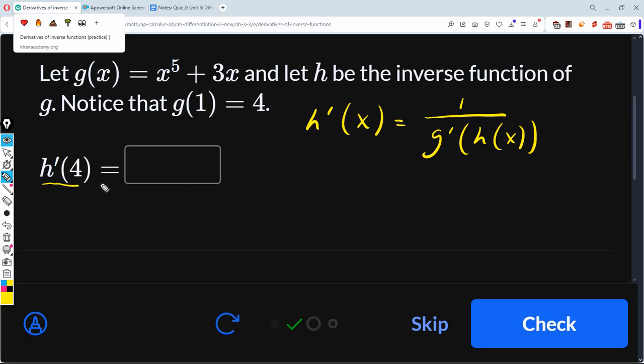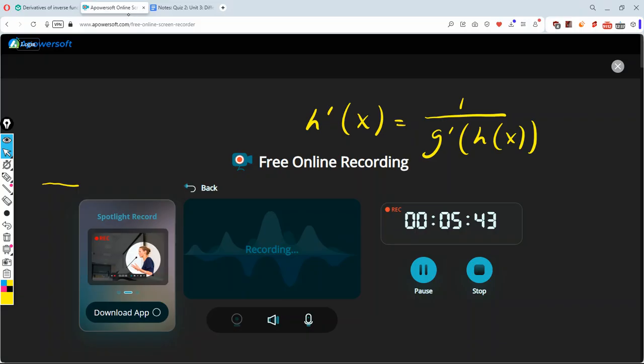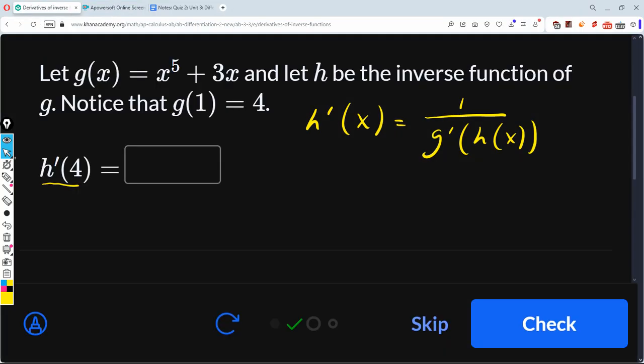And we're evaluating this at x equals 4. So we're just going to plug in x equals 4 for now. This is going to be 1 over g prime of h of 4.